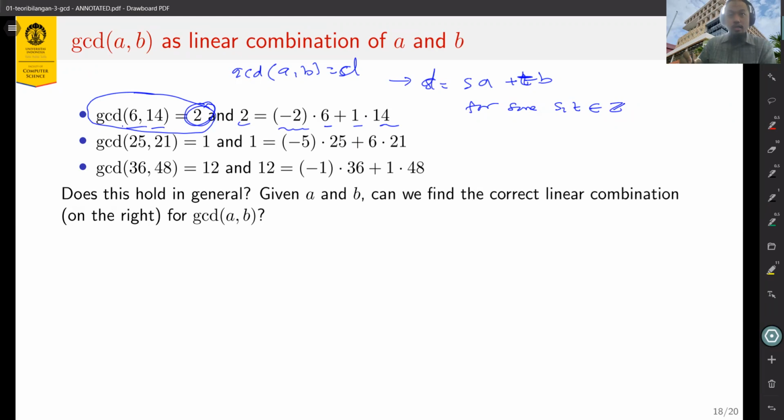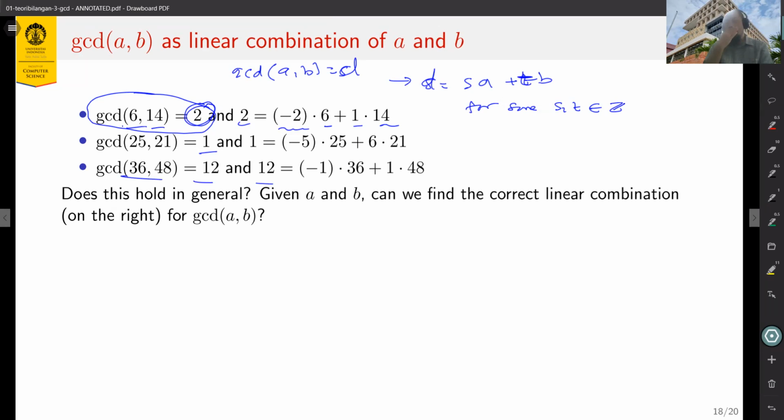Similarly, if the GCD of 25 and 21 is 1, then 1 can be written as 25 times something plus 21 times something. Those somethings are integers, of course, and could be negative.